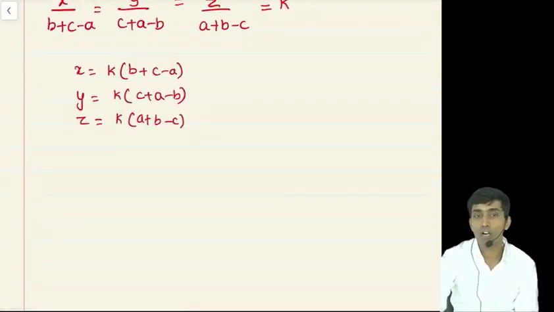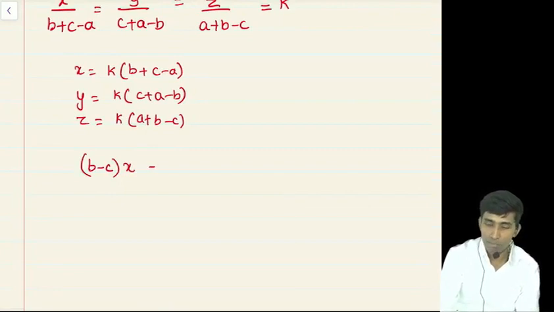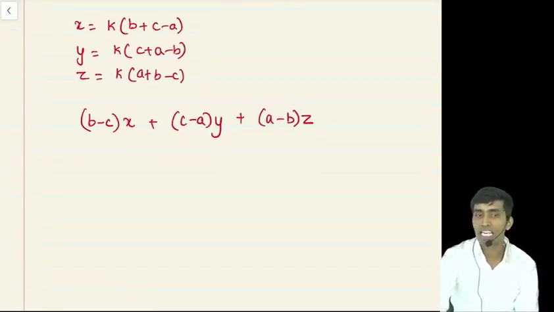Now check what they are asking. b minus c into x plus c minus a into y plus a minus b into z. Understood? So what I can do is substitute. x I can substitute.